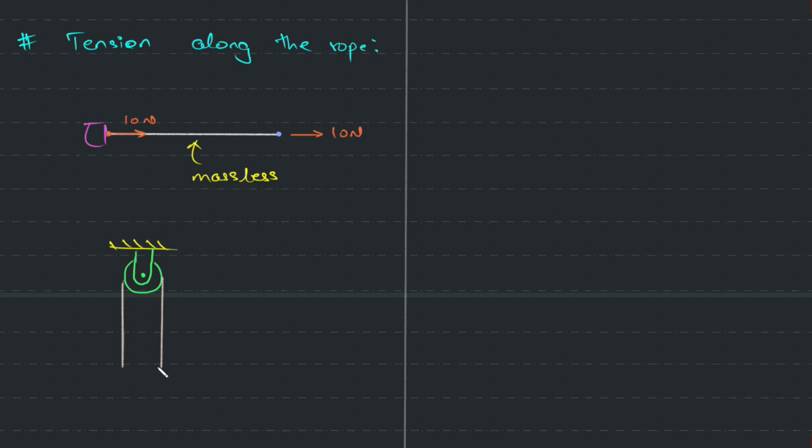So to you guys, if my effort is 10 Newton, how much force will we see at the load end? Yes, we will see 10 Newton of pull.